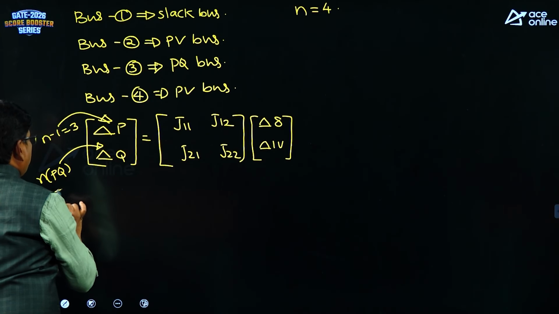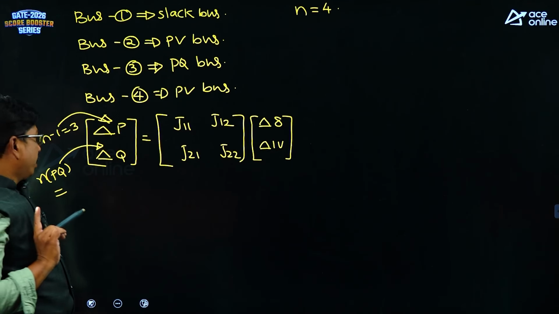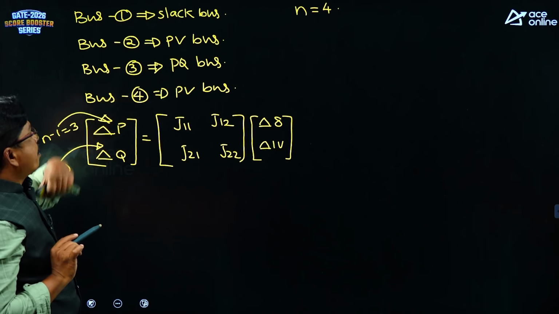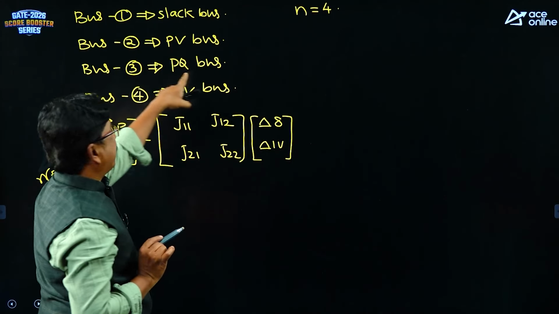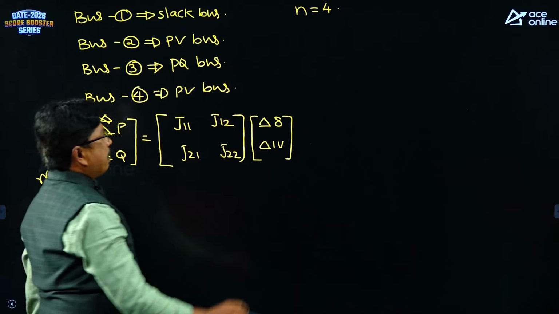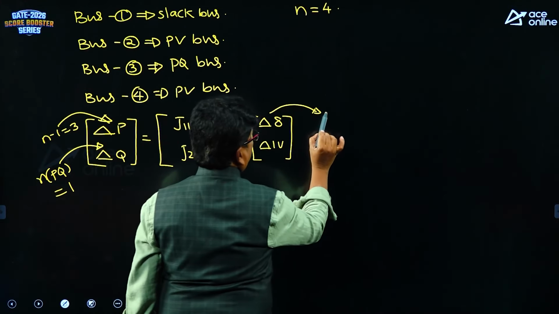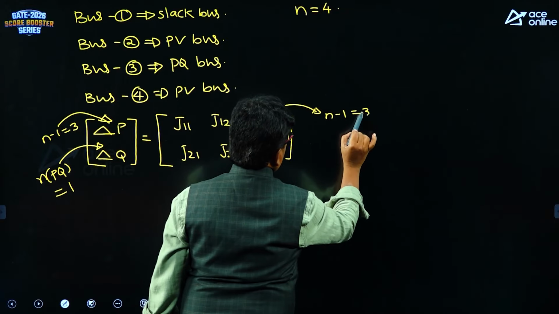Only one, bus 3 is the PQ bus. How many deltas are unknown? This is also N minus 1, which is 3.